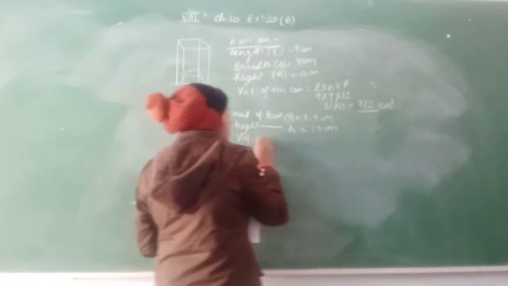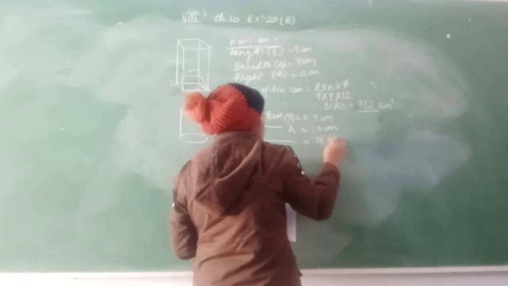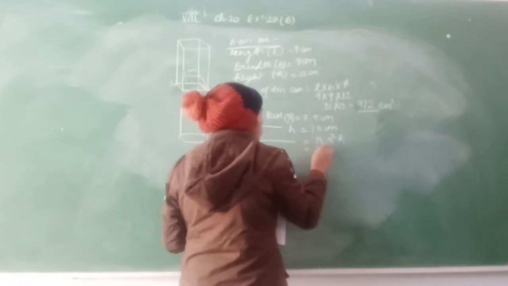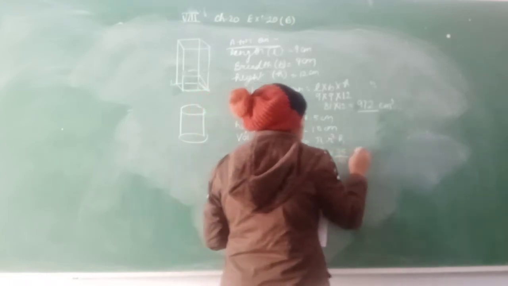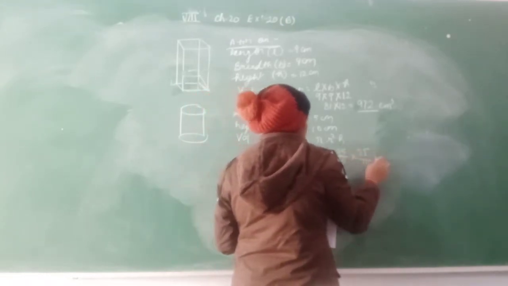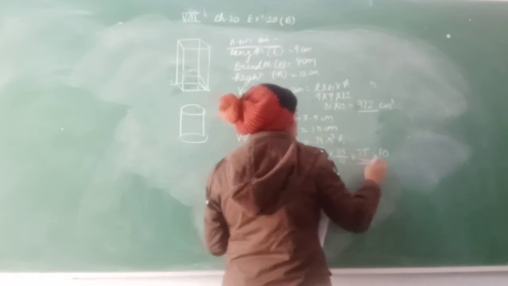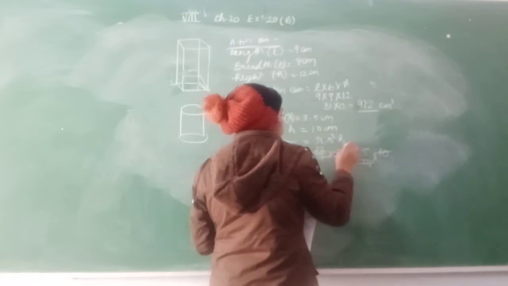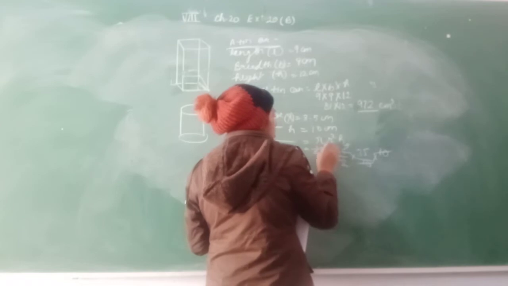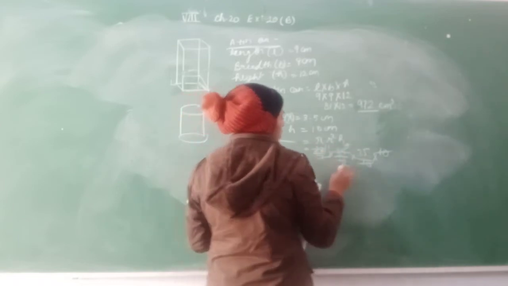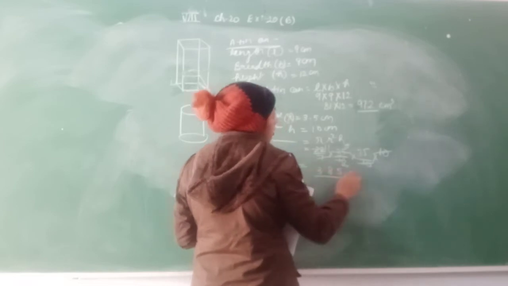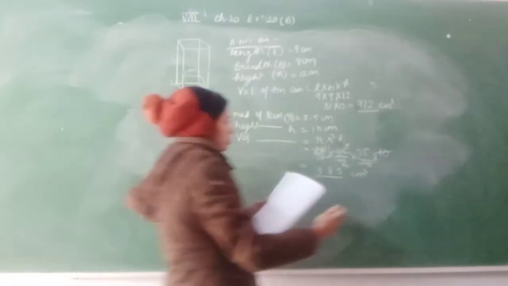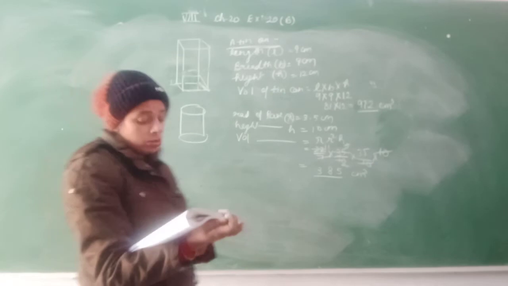That is pi r square h. Pi is 22 by 7, R is 3.5, 3.5, H is 10. So this will be cancelled. 5 11s, 11 into 35, 385 centimeter cube.